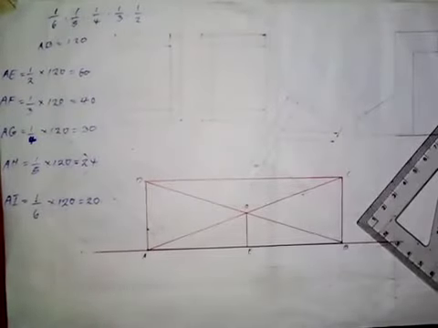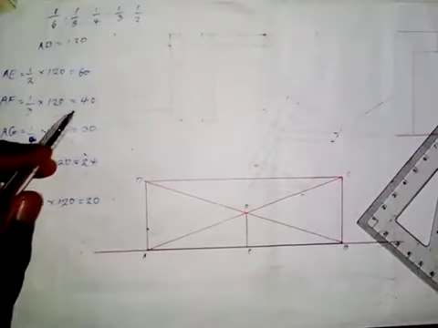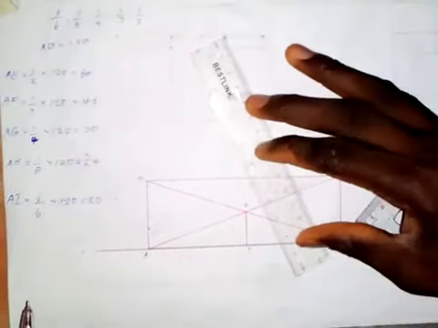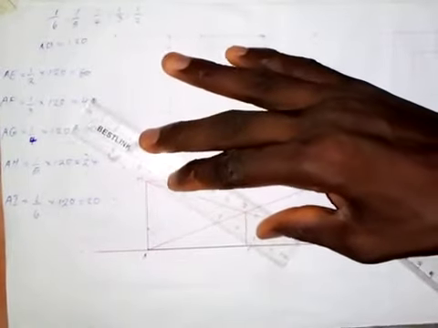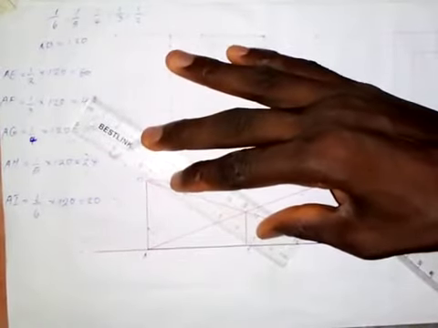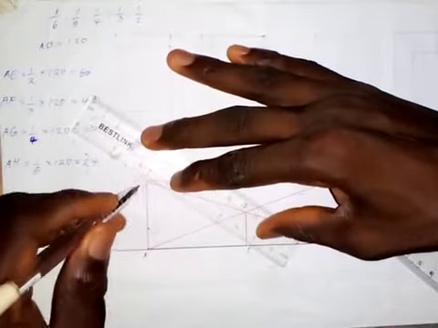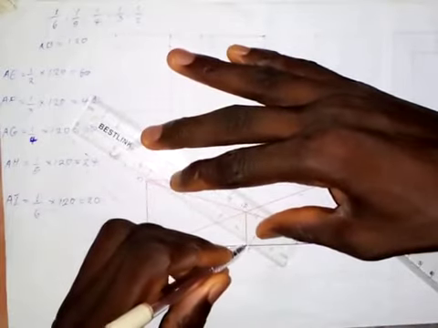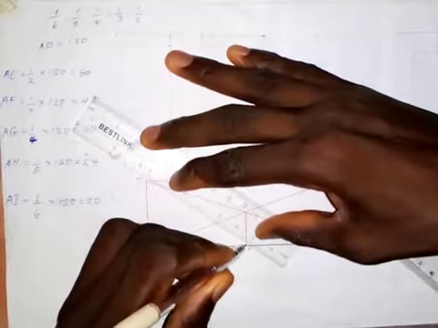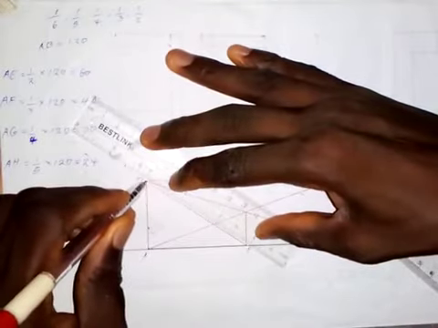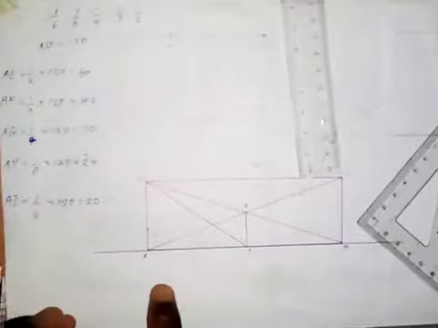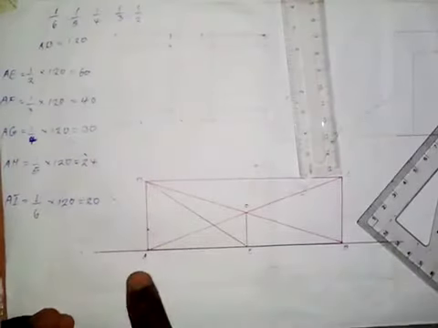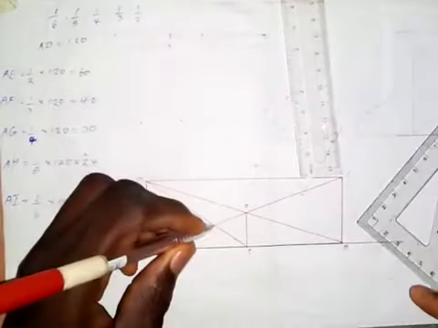The next thing is to get AF, which is 40 millimeters, when we divide 120 by 1/3. Join DE together with a line. Line DE intersects AC at this point.